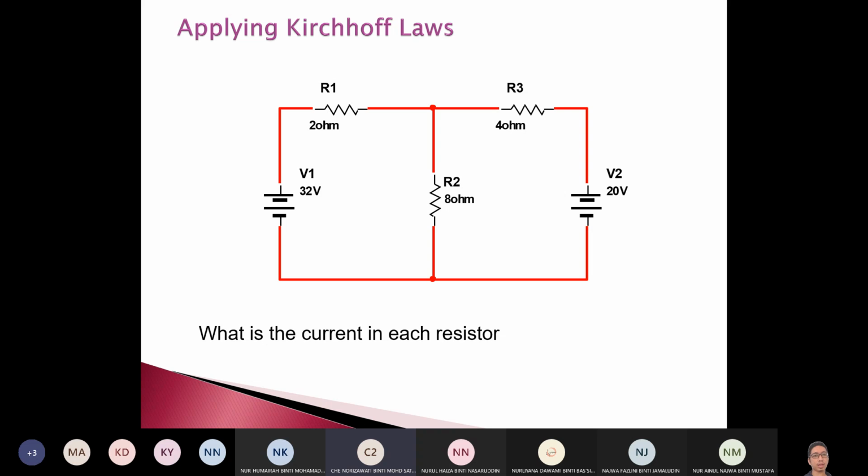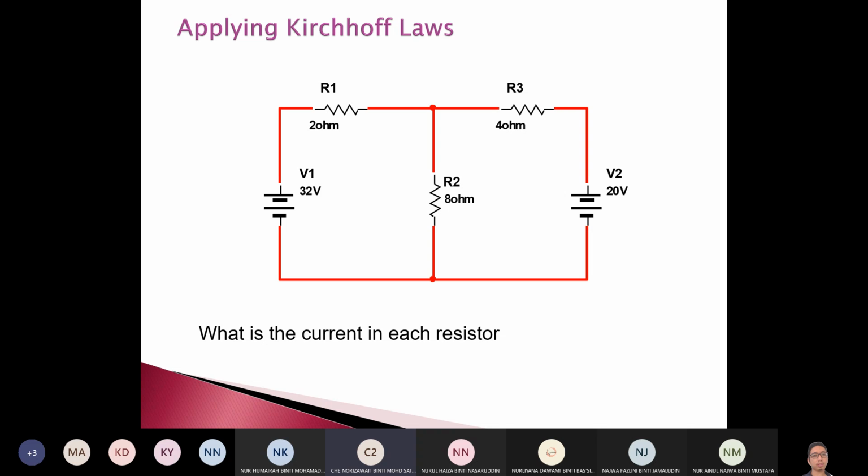What you have is I2 and R2 plus I1 and R1. It should be negative, so it should be negative V. It's negative 32.